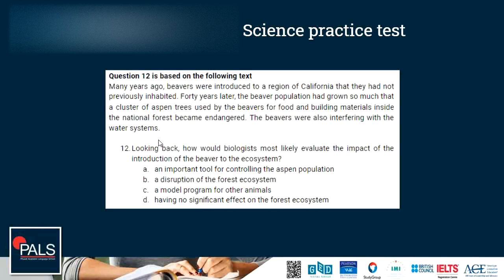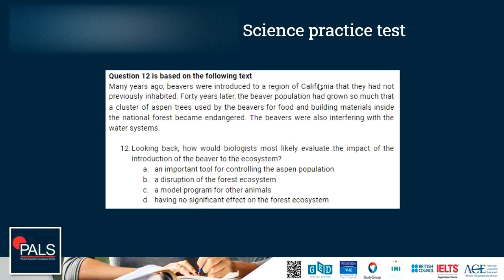So the correct answer here is answer B, disruption of the forest ecosystem. Now the very important point that we are told about here is directly at the start. Beavers were introduced to a region of California that they had not previously inhabited, which means beavers usually or never lived in that area.